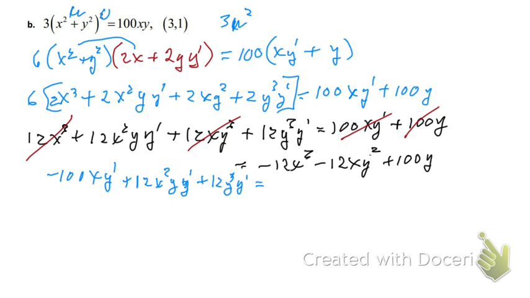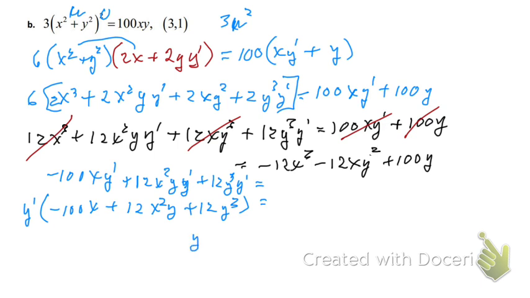Okay, so I'm going to pull y prime out. And I've got minus 100x plus 12x squared y plus 12y cubed equals all this stuff on the right.